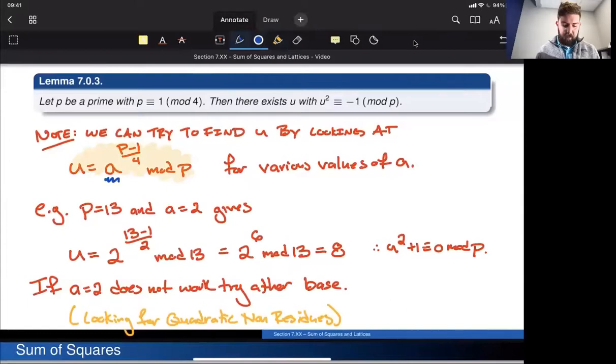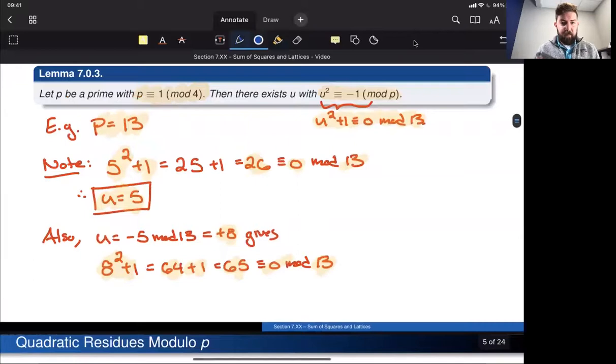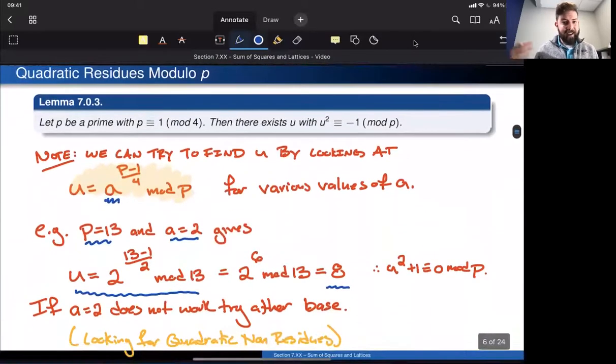We usually start at 2, and if that doesn't work, then we go up to 3 and so on from there. For P being 13 and A being 2, this quantity, if I evaluate it, is going to become my 8, which is the 8 that we saw up here. The 5 and the 8 are easy enough to compute and test because there are only 13 things that I would need to test, but there is a more systematic way that I can find that possible u as well.